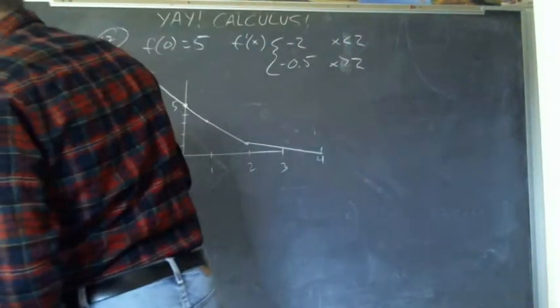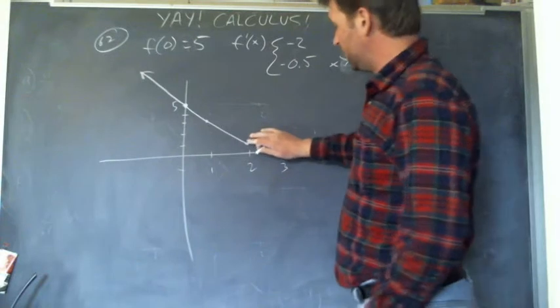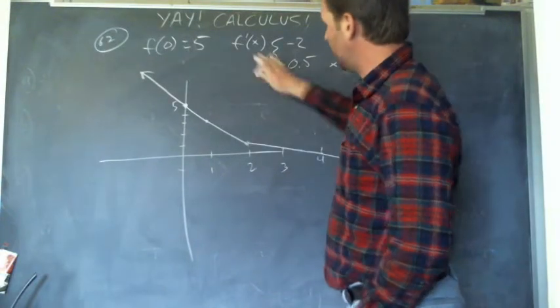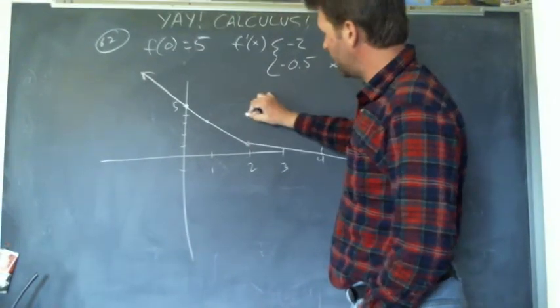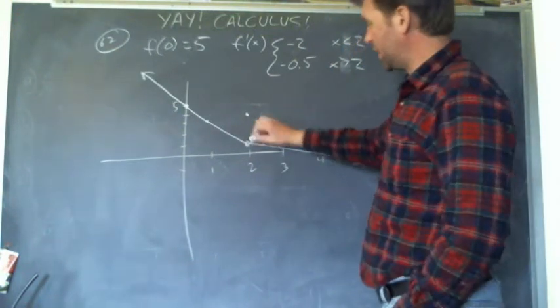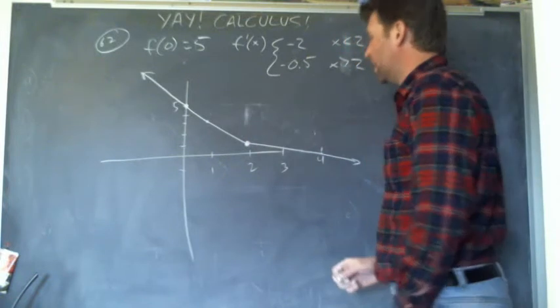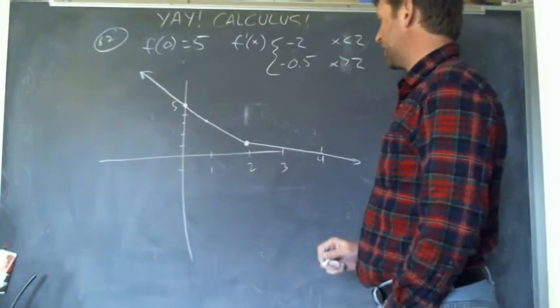And we need a continuous function. All right, so this just keeps on going like that. We could satisfy these requirements and have some point up here, but we were specifically told this was a continuous function, so that means that we need the limit from both sides to be the same. I think that's it, really.